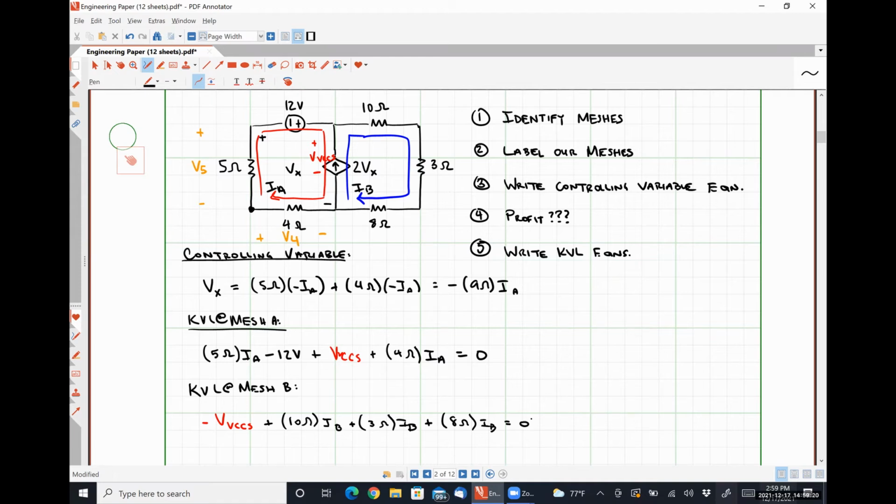So what we are going to do to avoid this problem is introduce the concept of the super mesh. And a super mesh is just the smallest loop we can take that avoids getting the voltage drop over that current source, right? So for our case, if we took this path that I'm going to outline in purple and wrote a KVL equation, that would completely avoid us ever having to take the voltage drop over that current source, right?